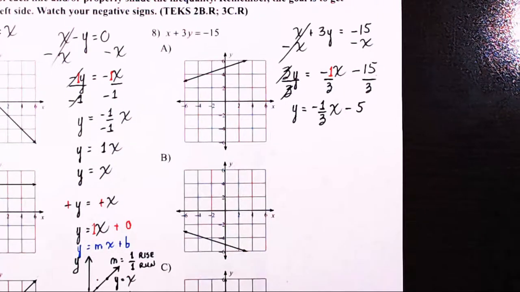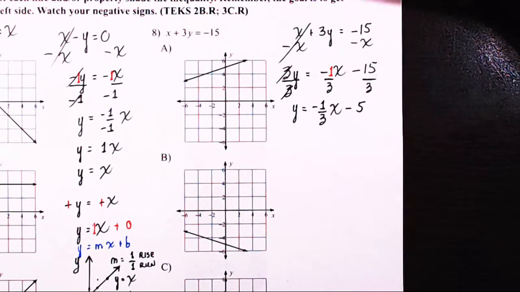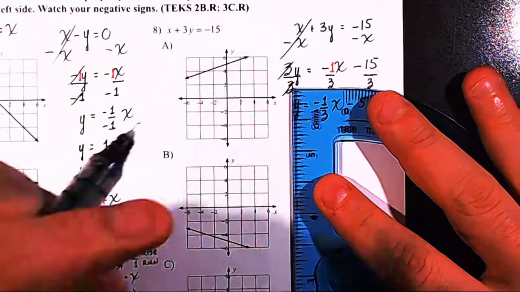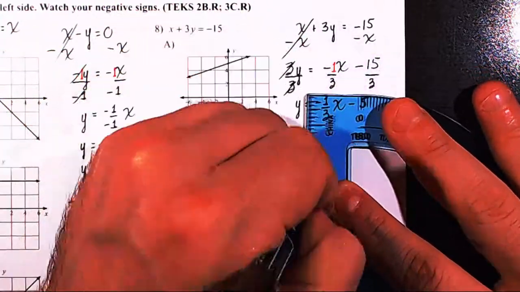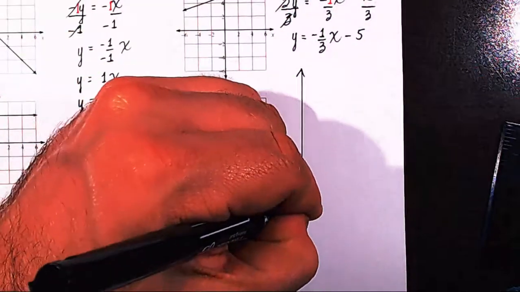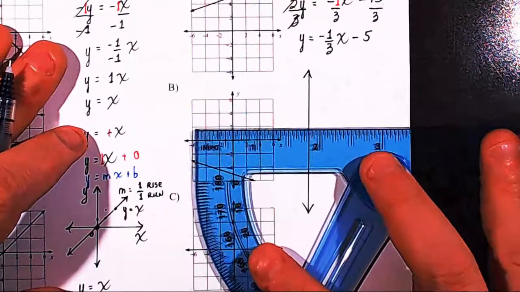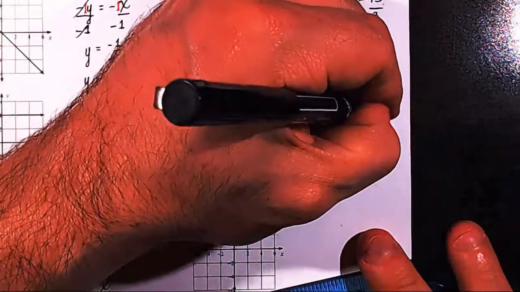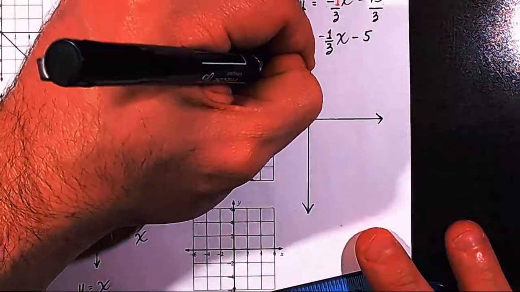So again, we've got two choices here. We can either try to graph this thing by hand, which is what I recommend, or we can go to the graphing calculator. So I'm going to graph it by hand really quickly, just to show you that this is too easy not to do it. Again, it doesn't have to be a masterpiece.